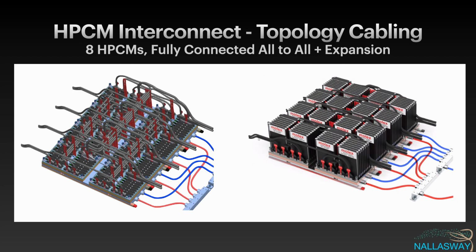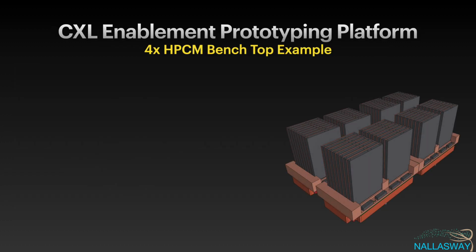And the diagram on the right is the same cable diagram, but populated with the E3.S modules and a few NIC 3.0 modules. So you can see how the topology is actually built up.